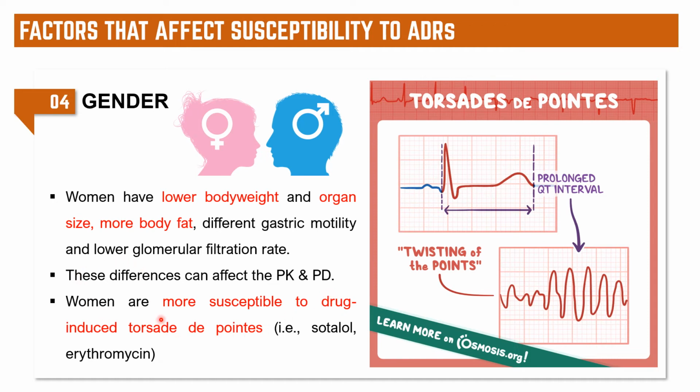Women are overrepresented in reports of toxicity associated with cardiovascular drugs such as sotalol, as well as erythromycin. Erythromycin is one of the antibiotics. This increased susceptibility in women is thought to be due to their prolonged QTc interval compared to men.